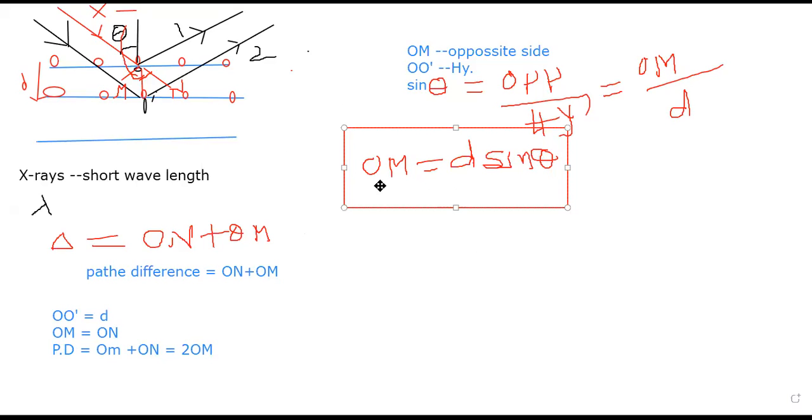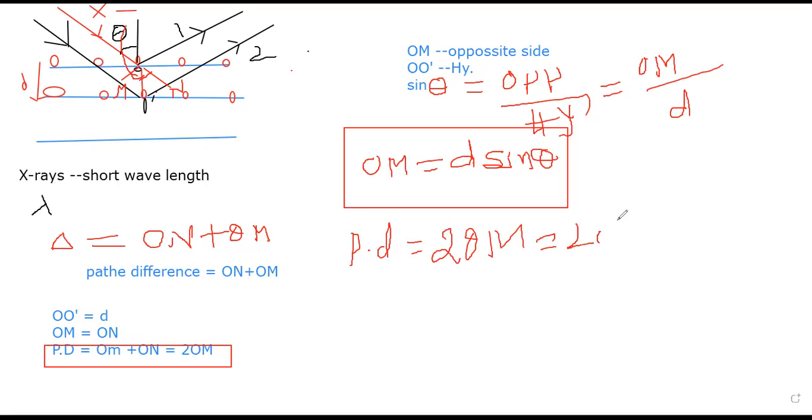Then we substitute this OM value in the equation, path difference equals 2 OM. So path difference equals 2 OM equals 2D sin theta.